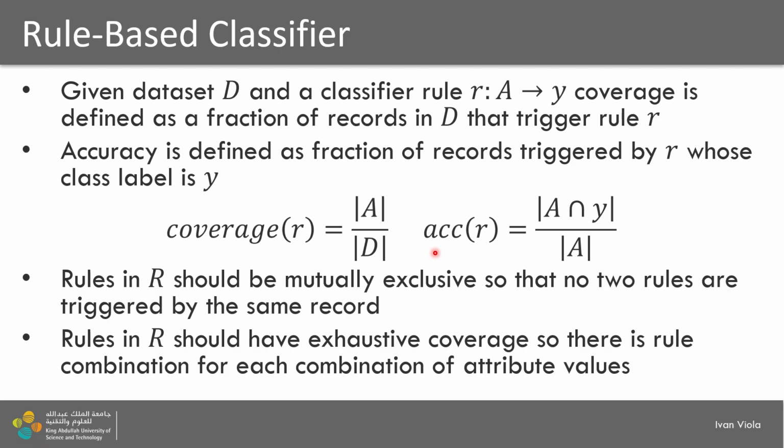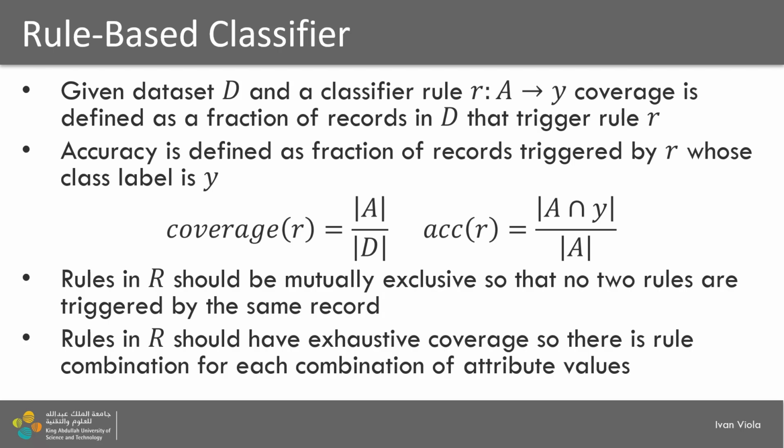Now, the accuracy is defined as the fraction of records triggered by R whose class label is actually Y. So it might be that this condition A is fulfilled, and then the rule-based classification will classify that record as belonging to class Y, but it might be a wrong classification in that particular case.